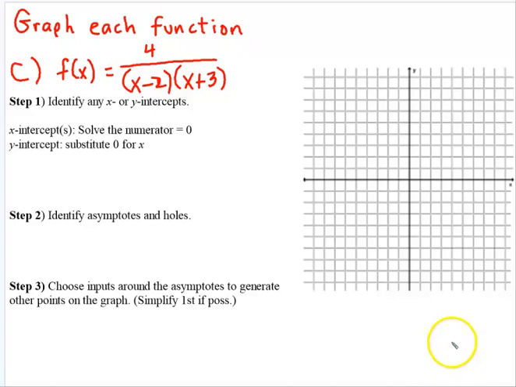Let's start with x-intercepts. Do we have any? Set the numerator equal to 0 and solve. Well, 4 is never going to be 0, so we don't have any x-intercepts. What about y-intercepts? Let both x's be 0.